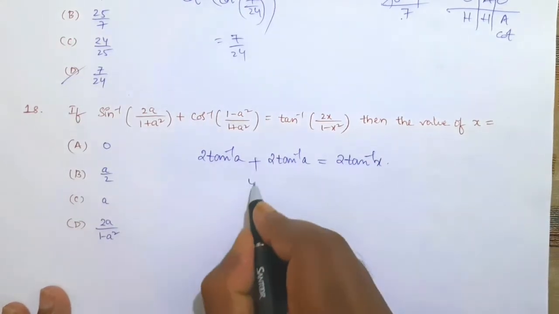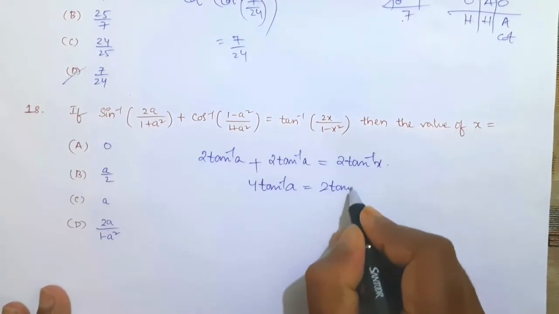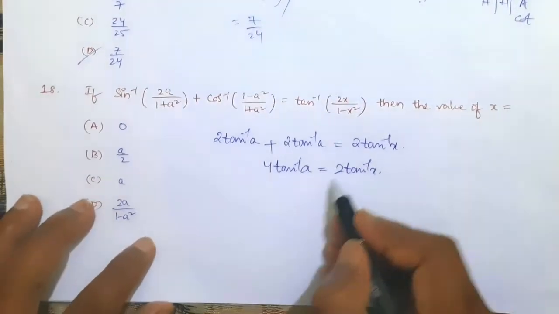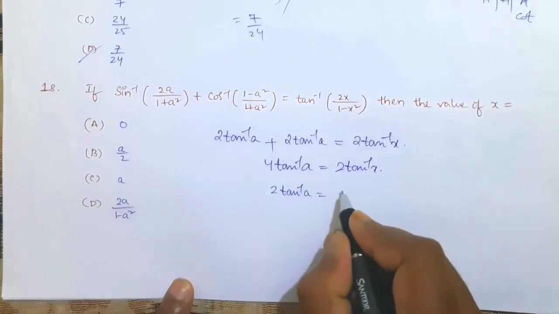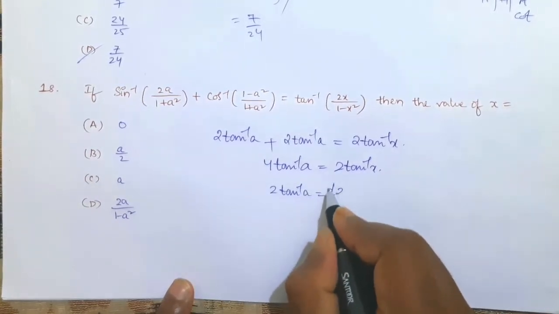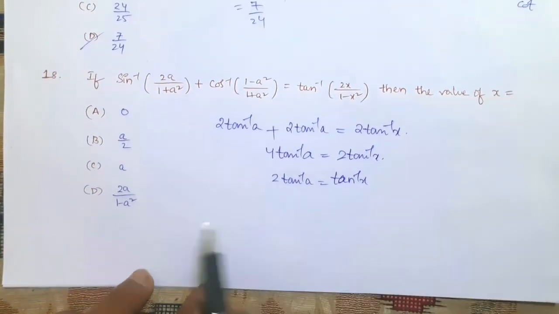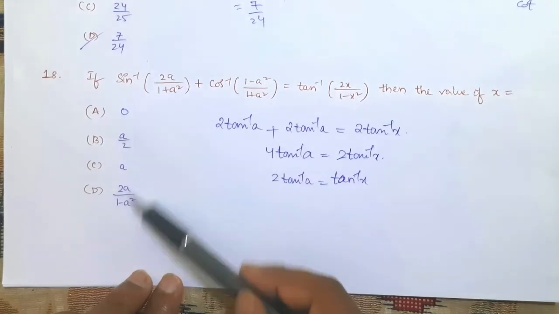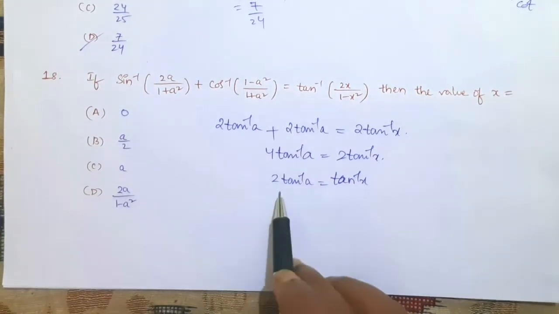By this we got 4 tan inverse a is equal to 2 tan inverse x. 2 ones are 2, 2 twos are 2, so 2 tan inverse a is equal to tan inverse x. If you observe the options, these are in terms of a. So the formula we can consider here is 2 tan inverse a.